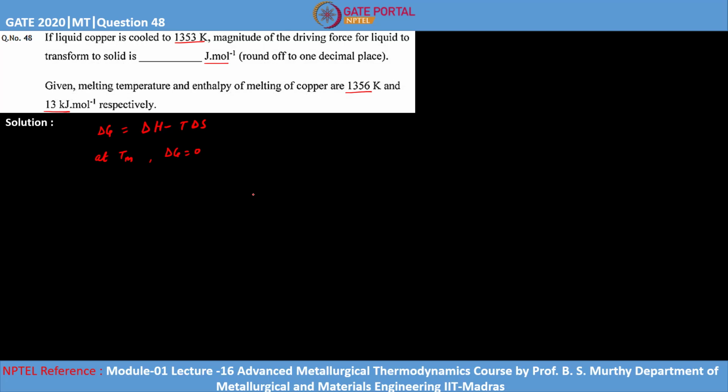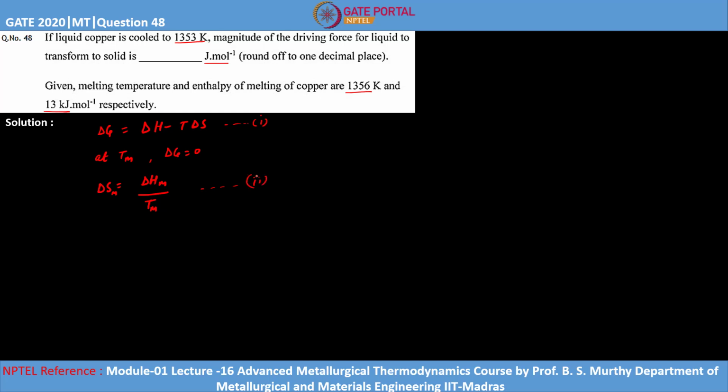So if we put this value in the first equation, let's say it is equation 1, we will get delta S equals delta Hm, which is enthalpy of melting, upon T equal to Tm, which is melting point. So you can write it like delta Sm is equal to delta Hm upon Tm. So this will be the entropy change at melting point, right? You can name this equation 2.